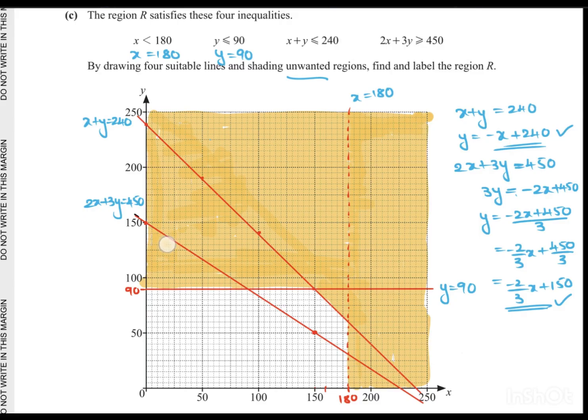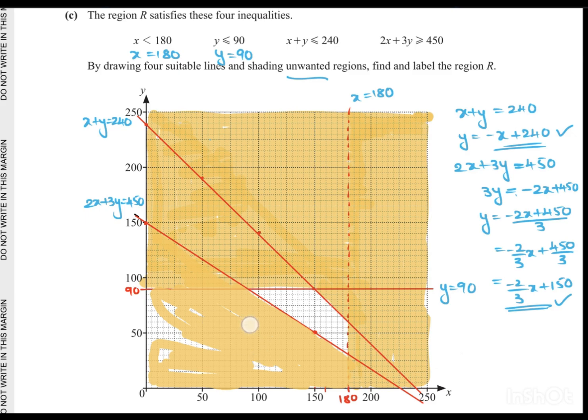So this whole part will be shaded. So we got the region here. This is R. This is the region satisfying these four inequalities.